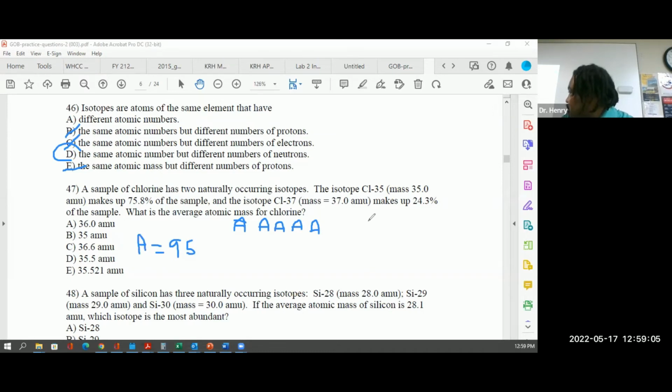And you got 2 C's, and each of your C's is going to equal 70%.